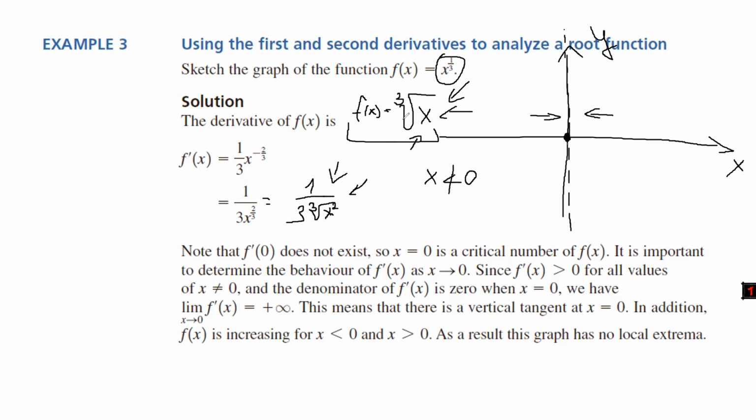About the initial function, we define that at x equals 0, we have basically a vertical tangent. And the function keeps increasing and goes to positive infinity.